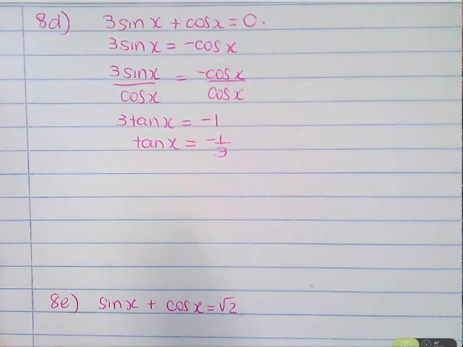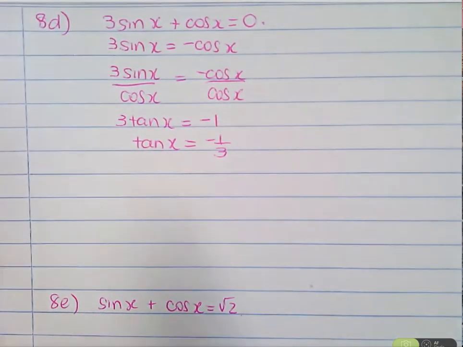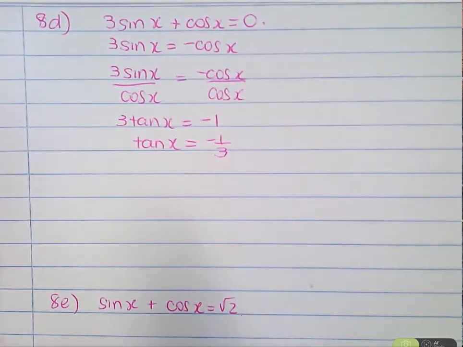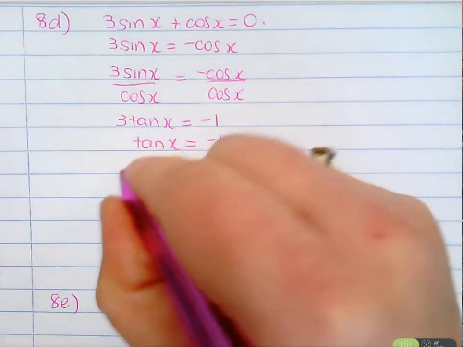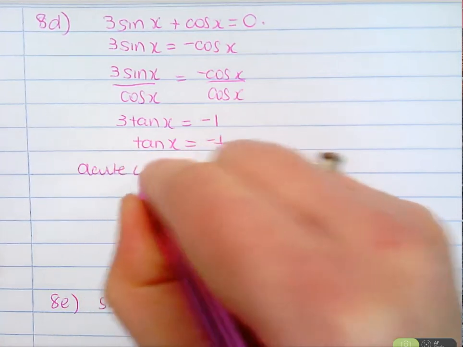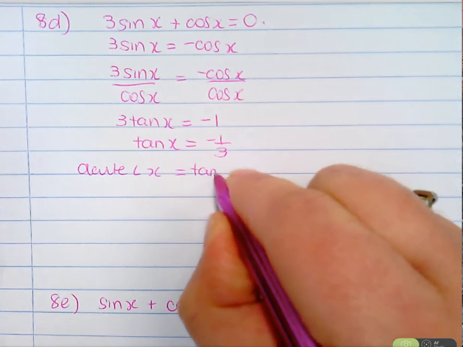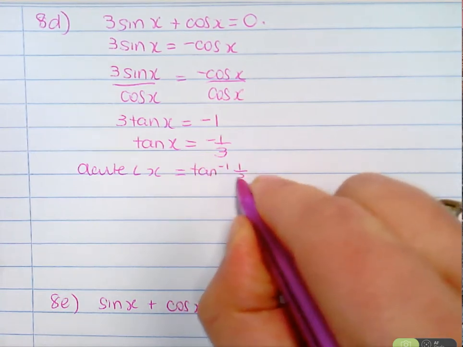Now, general solution. What's that? You know you're in the negatives, so you've got to go to quadrant 4. Tan is negative in quadrant 4. The next place you go is quadrant 2. So, acute angle x. Now, this is not an exact tan to the minus 1. I just put in your third.